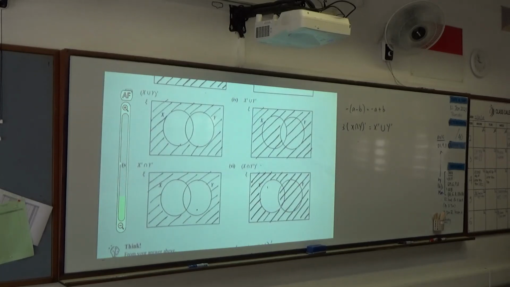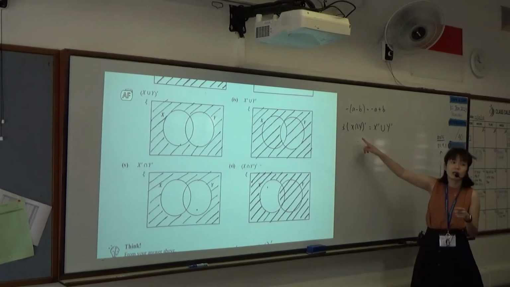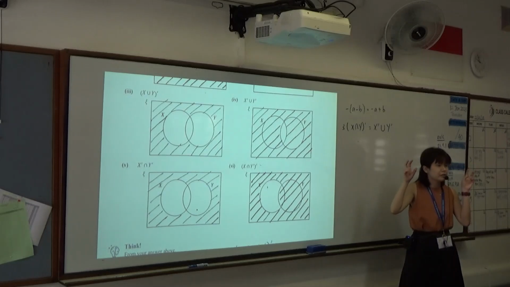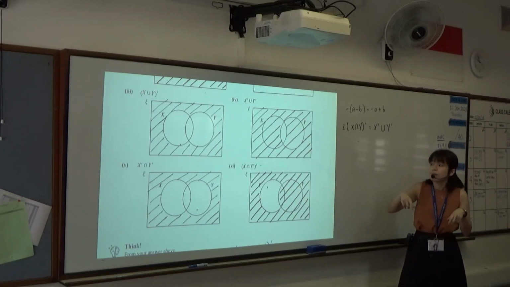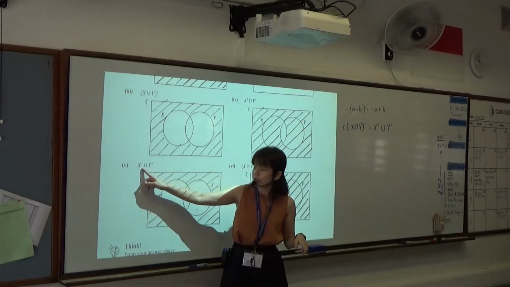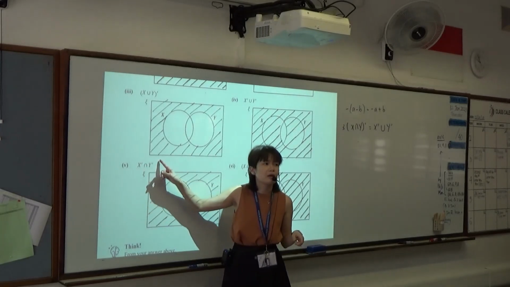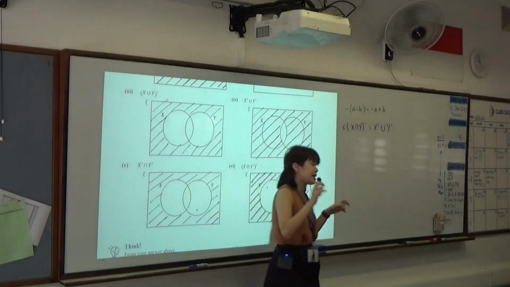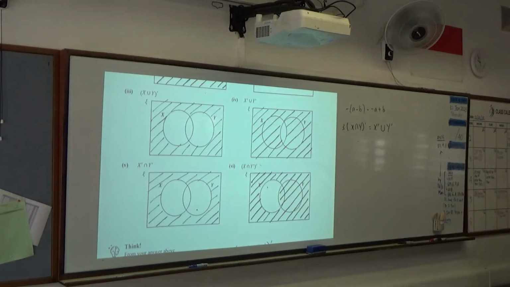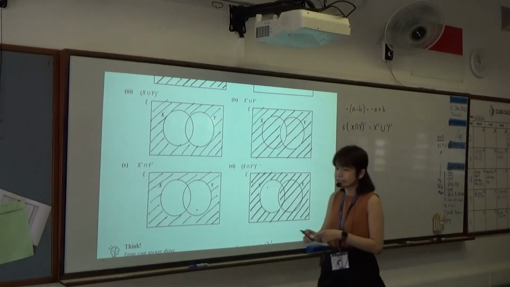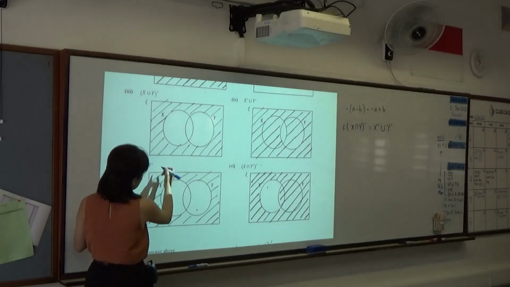So what we have done here is that we adopt an expansion idea, loosely put. But if you have things like X complement intersect Y complement, you can adopt a factorization idea as well, where you're factorizing out the complement sign. So how would that work in this case?